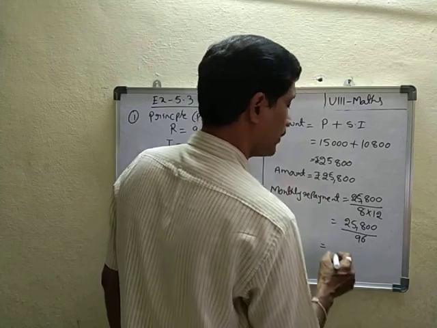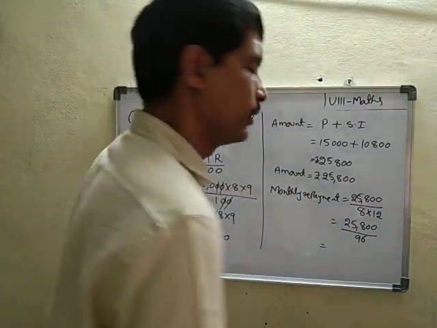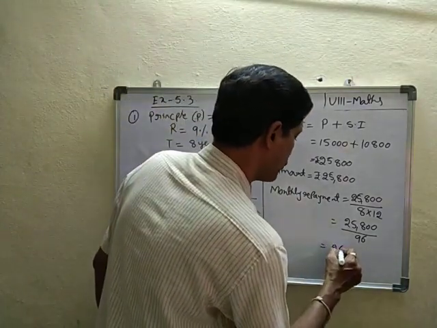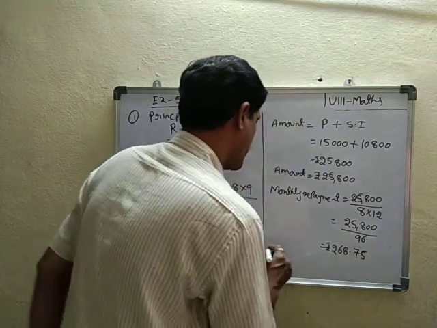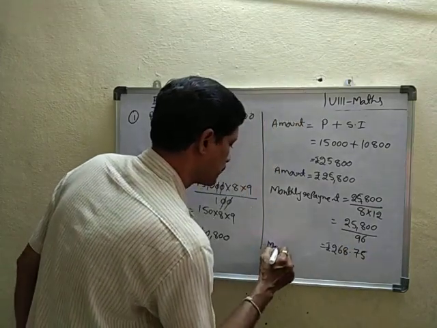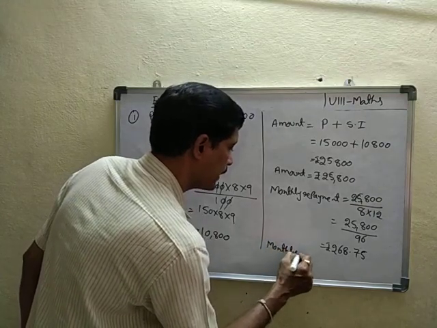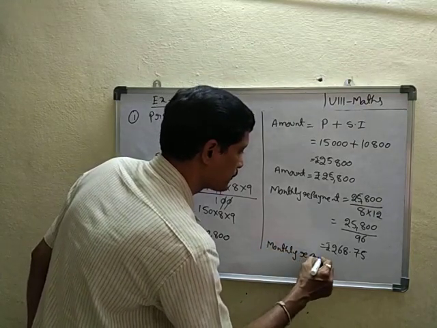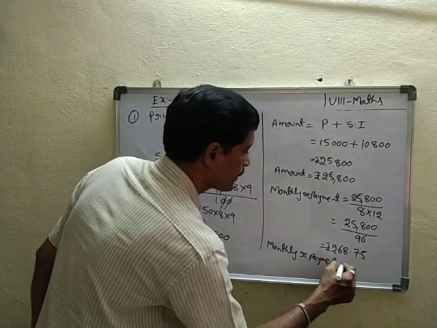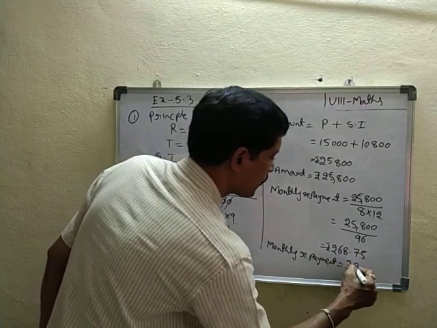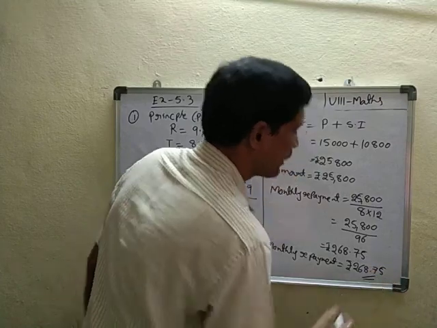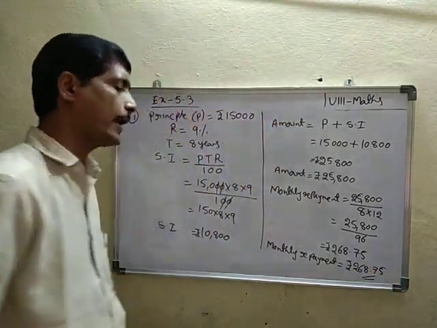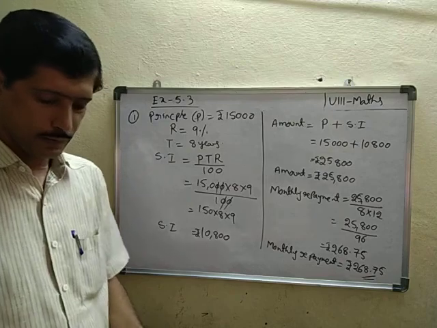Dividing that, you get 268 rupees 75 paisa. Therefore monthly repayment equals 268 rupees 75 paisa, approximately 269 rupees. Okay.